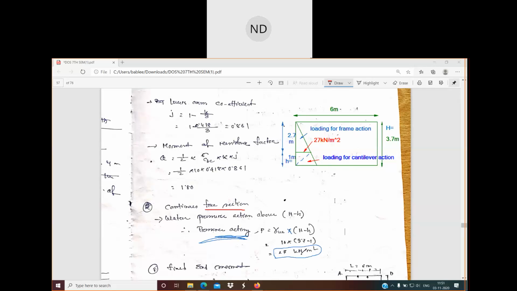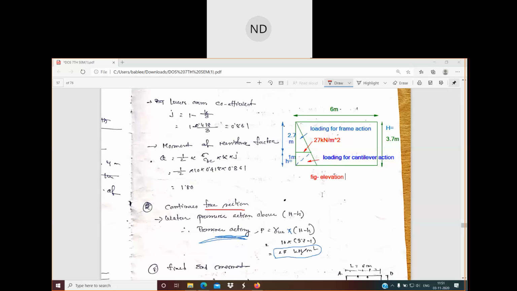This is the elevation of the tank, your rectangular water tank. You see here it is mentioned that 27 kilonewton per meter square of pressure is acting here.